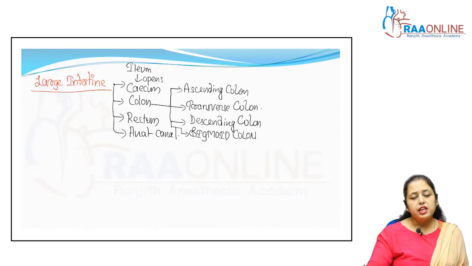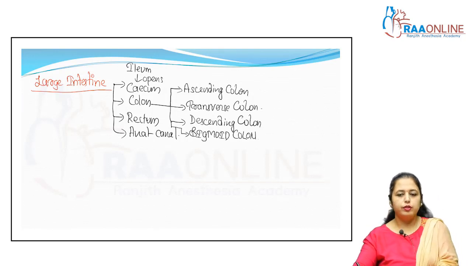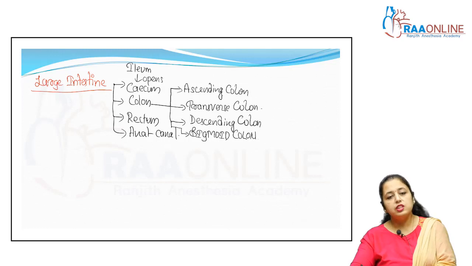There are three ribbon-like structures present throughout the colon, which are called the tinea coli, and they form pocket-like structures due to the pressure of the tinea coli.